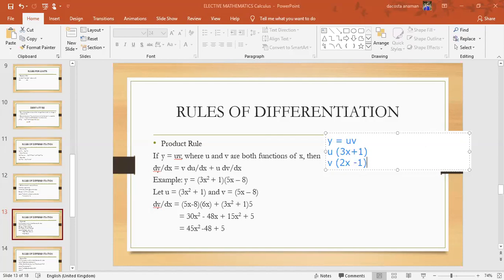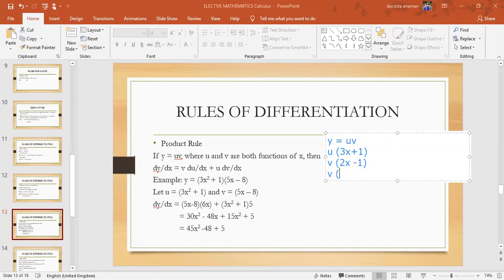Is that okay? So what you need to do, which is the product rule, as you can see, these two functions will be multiplying. So you pick the last one, which is v. Then you multiply it by the first derivative that you will get.